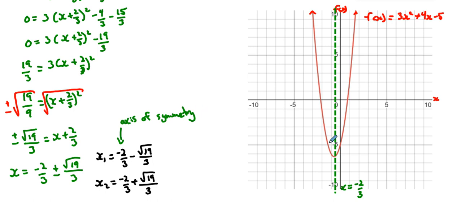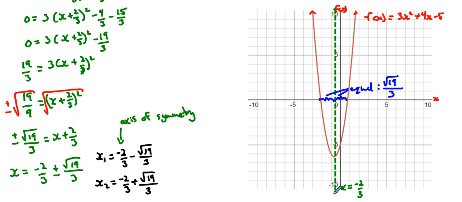Right? And not only that, but we also know that this distance and this distance, if I'd drawn things perfectly well, are equal, and that they equal root 19 over 3.